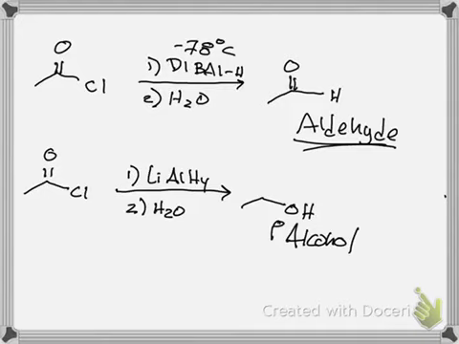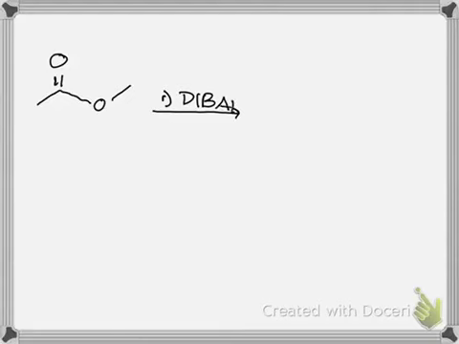Now, does this work with things other than acid chlorides? Absolutely. You can react esters. All right, you can react DIBAL with an ester. Again, it's got to be kept cold, and what we get out of it is the aldehyde.